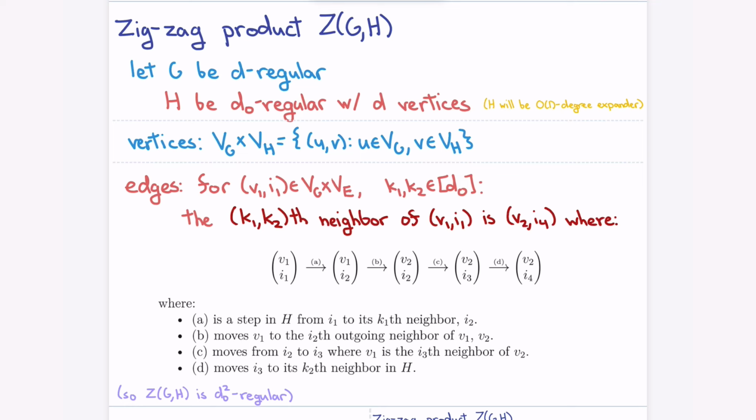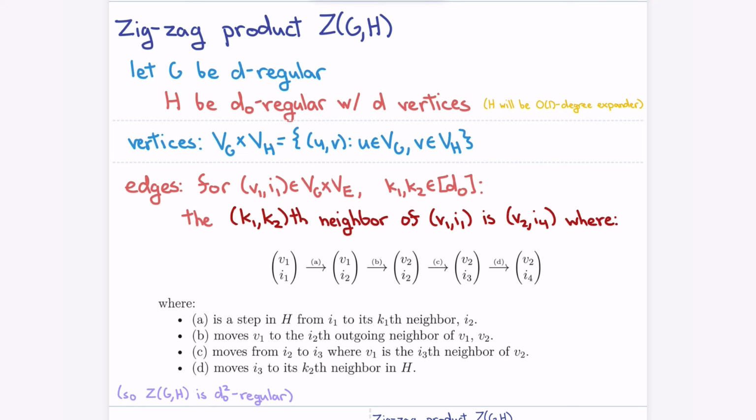So the first step, you go to the K1th neighbor. I take a step in the expander from I1 to its K1th neighbor, I2. Okay, so that's the step in the expander. And then in the graph, I move from V1 to the I2th outgoing neighbor of V1, which is V2. Okay. So that's the first 2 steps.